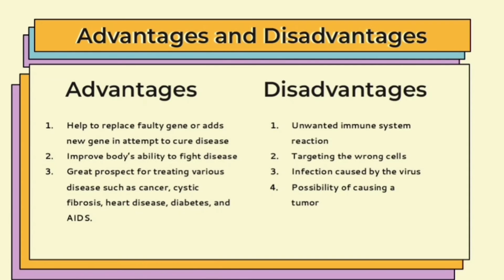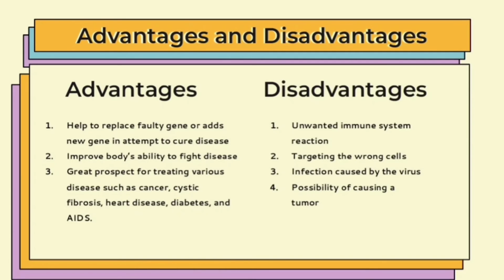The next is to improve the body's ability to fight disease by enhancing the function of the cell, and also it is a great prospect for treating various diseases such as cancer, cystic fibrosis, heart disease, diabetes, and AIDS.